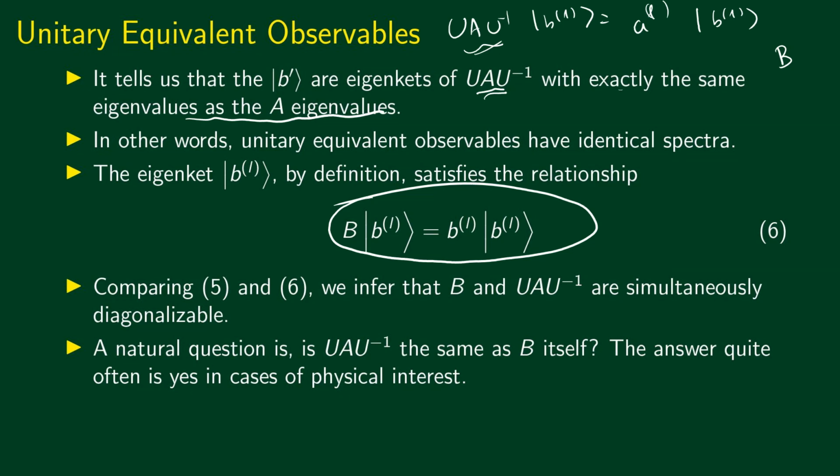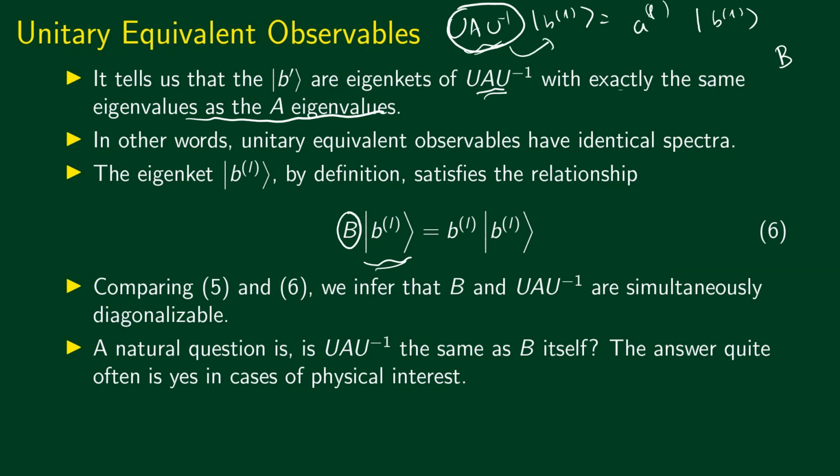So what does this mean? This eigenket b_l is a simultaneous eigenket of both B and U A U inverse. The operator U A U inverse acting on ket b_l gives you a number multiplied by ket b_l, and the operator B acting on ket b_l also gives you a number multiplied by ket b_l.